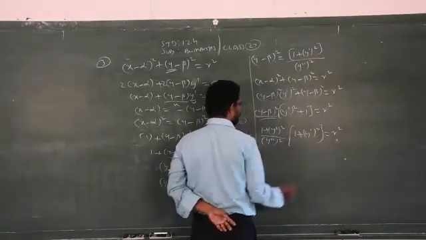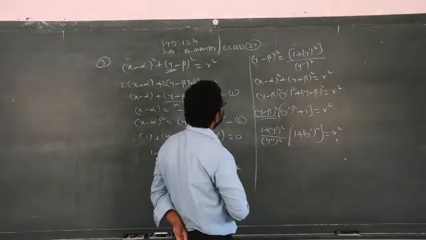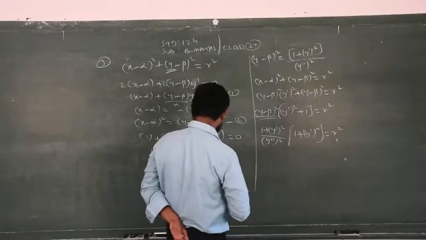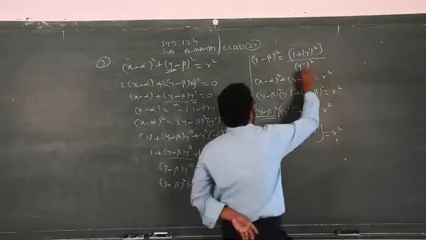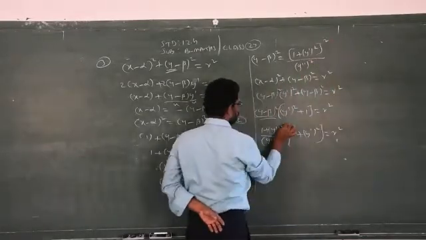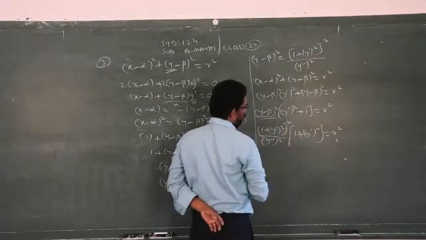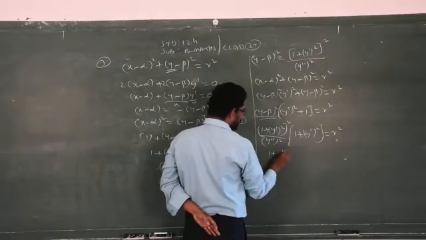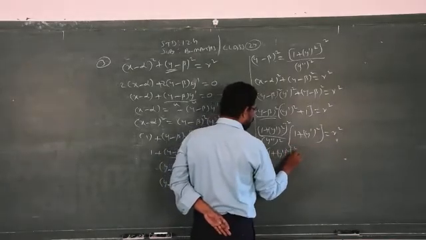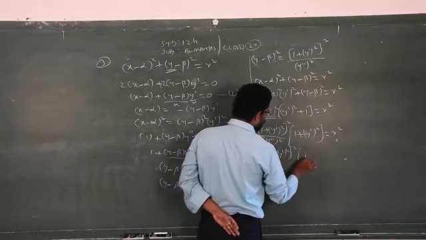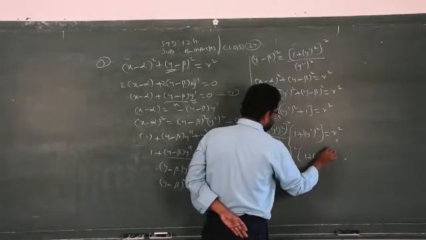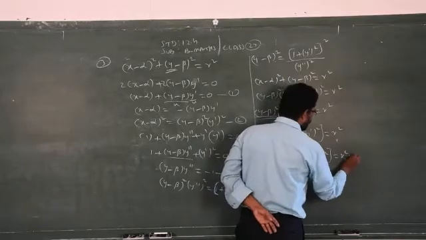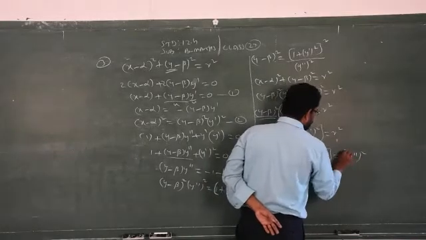Just cross multiply. (y − β)² will also be squared. So take it to the right side: (1 + (y')²) to the power 2, then 1 + (y')² equals r² into (y'')².